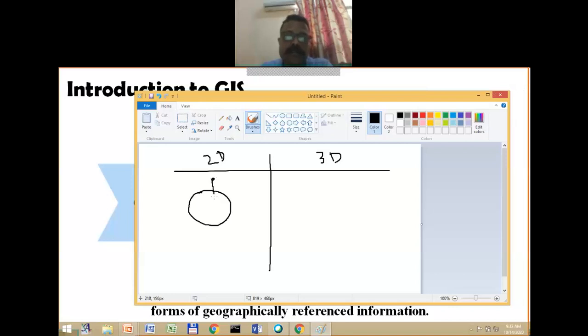Suppose this is your point, P. In order to represent your position on the surface of the earth, we will assume a cylinder to be wrapped around the earth. This is a cylindrical surface, and we project this point P onto the surface of this cylinder.